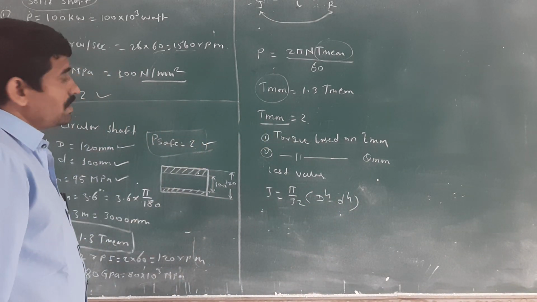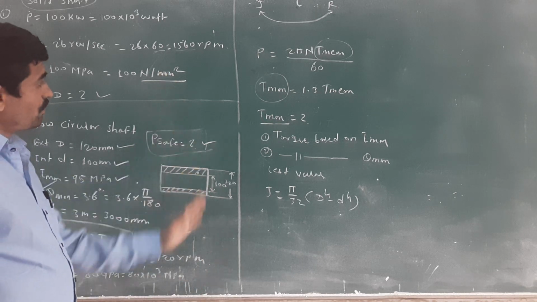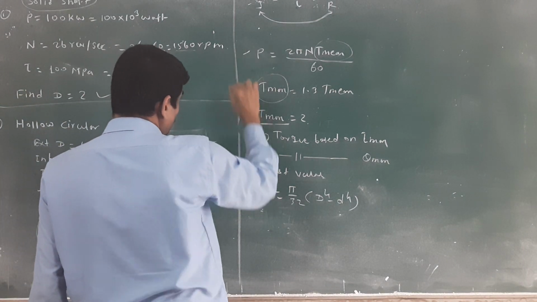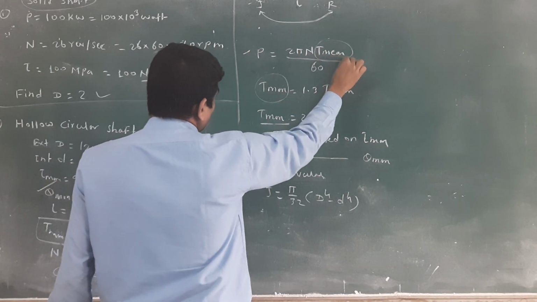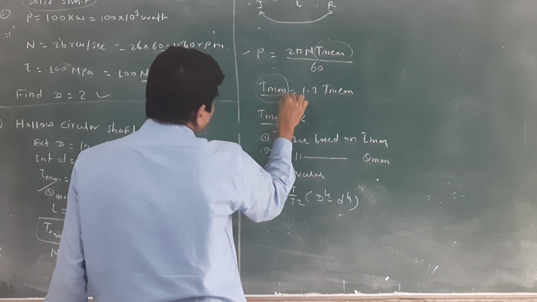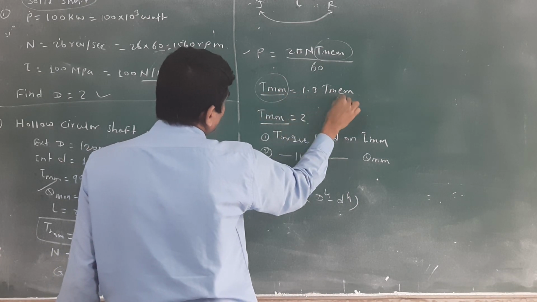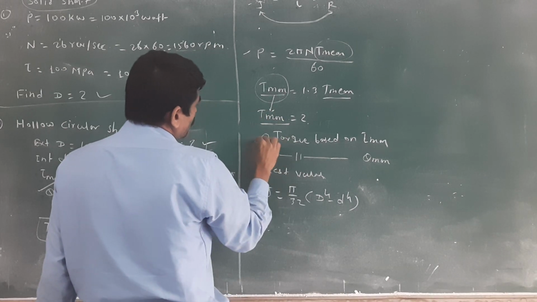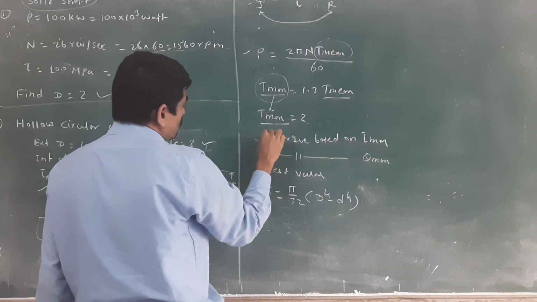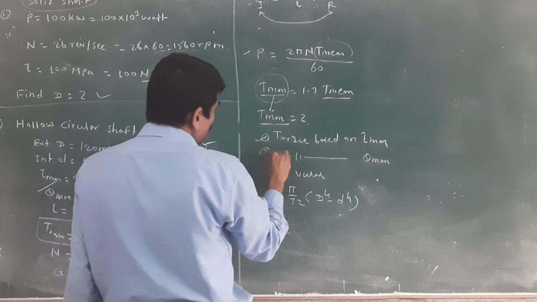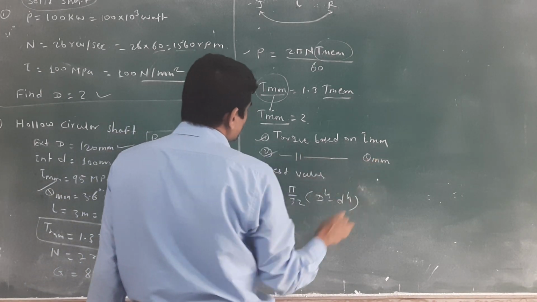In this way, you have to go through the reverse direction. First, what we want to calculate is P. Unknown is T mean. Then how to calculate? They have given the relation T max is equal to 1.3 T minimum. How to calculate the T max? You have been given two conditions: torque based on the maximum shear stress and torque based on the maximum twisting moment.